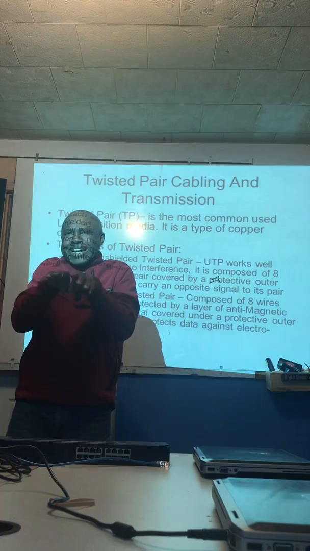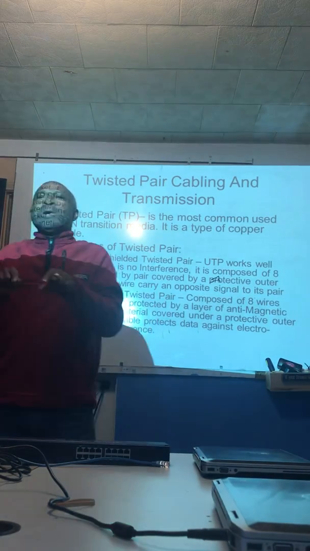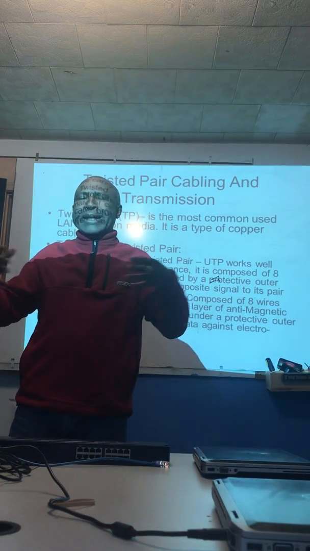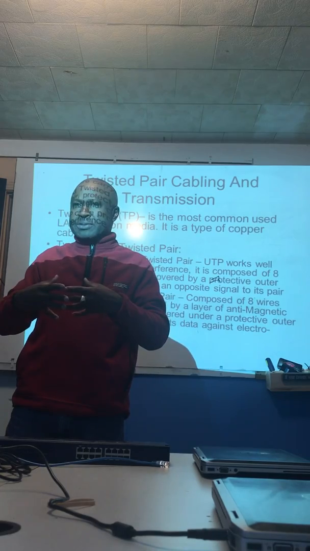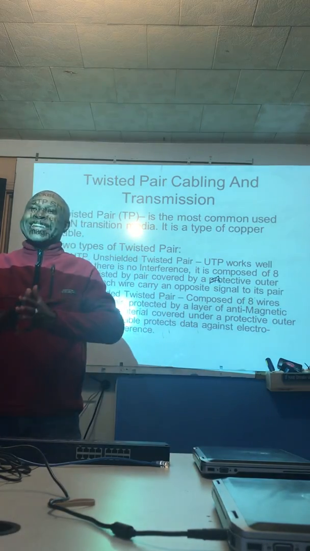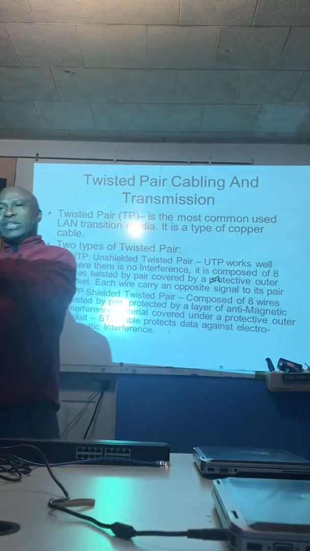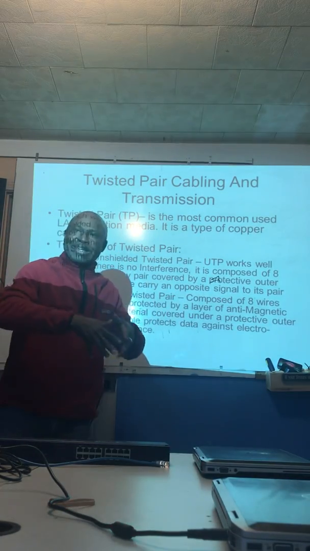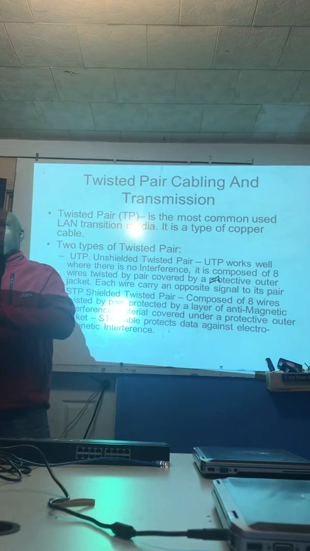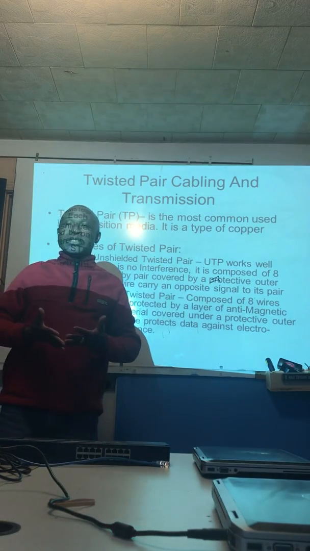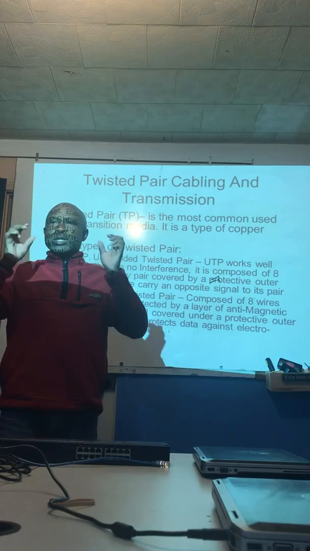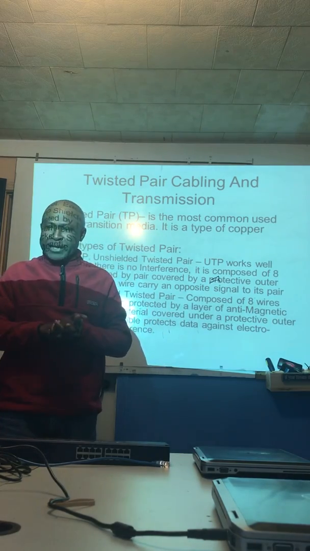So in that plenum space, you have a lot of electromagnetic interference. If you're going to run your data cable in that space next to the electrical wire, the sound cable, the video cable, you need to use a shielded twisted pair cable.